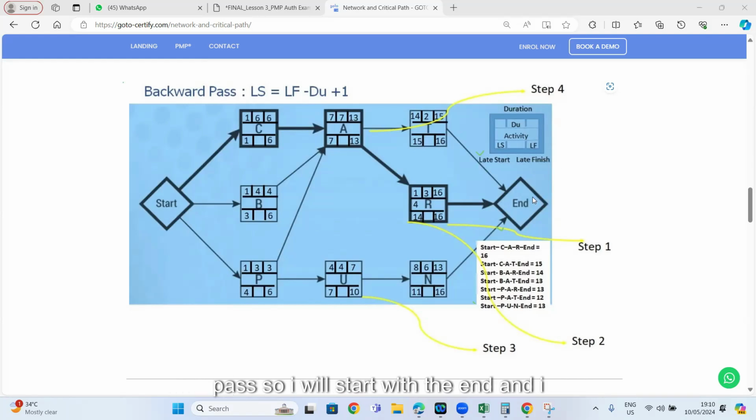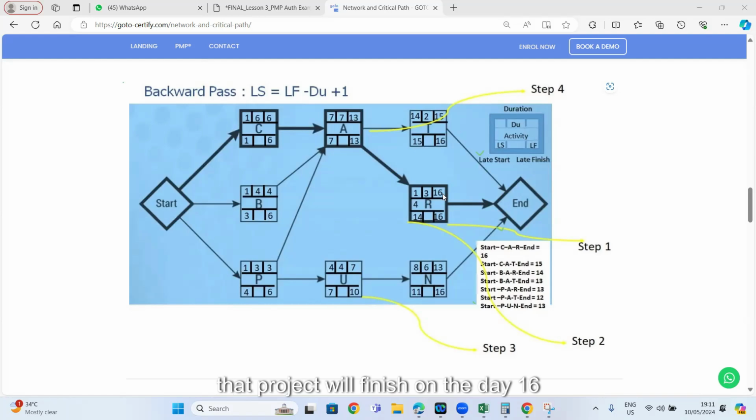So I will start with the end and I'll say, all right, my project has to end on day 16 from the critical path. By the way, I got to know from the forward pass that at the end of day 16, the activity R is finishing, and end is dependent on activity R, and R is the critical path activity.